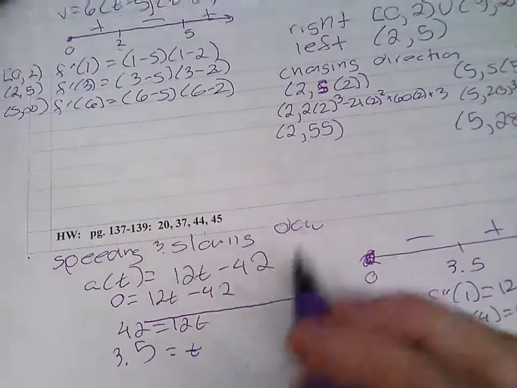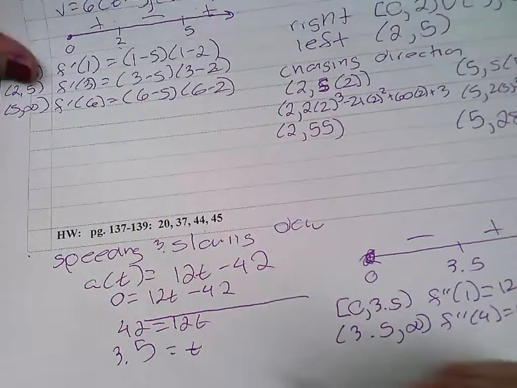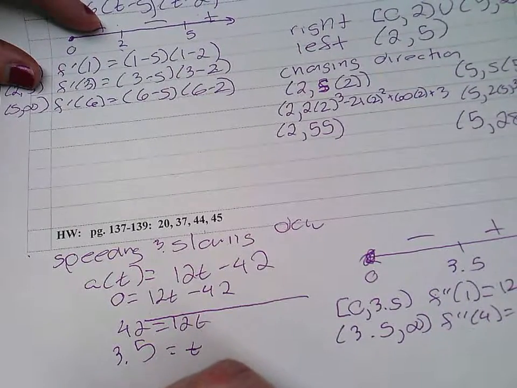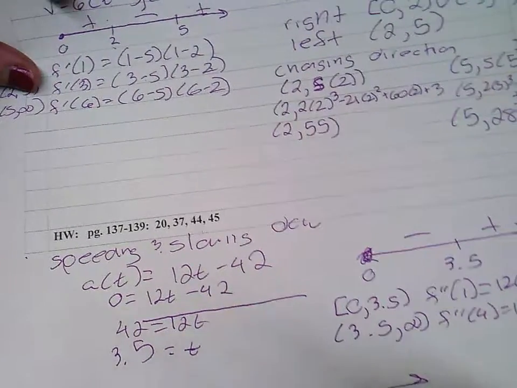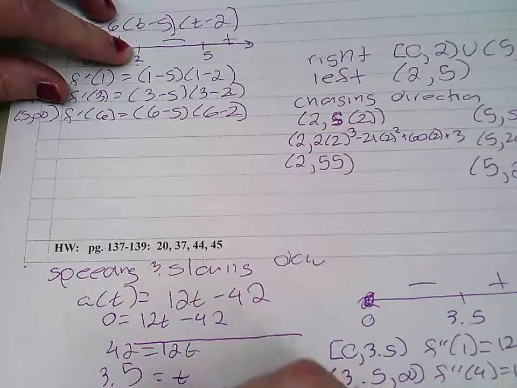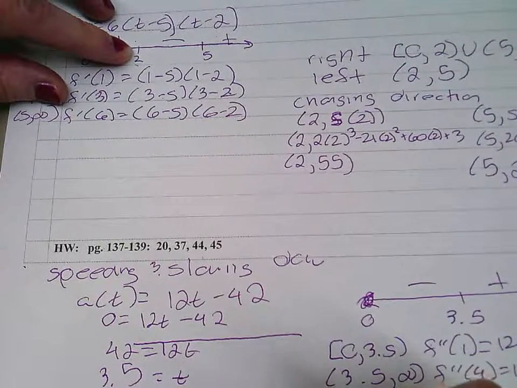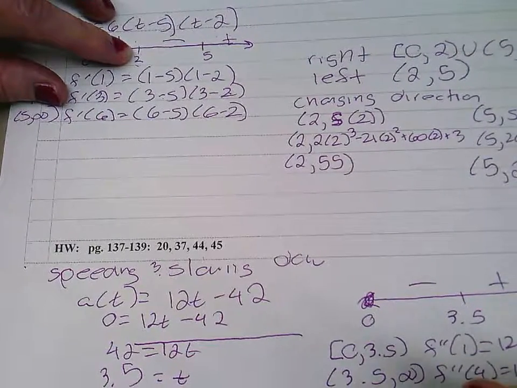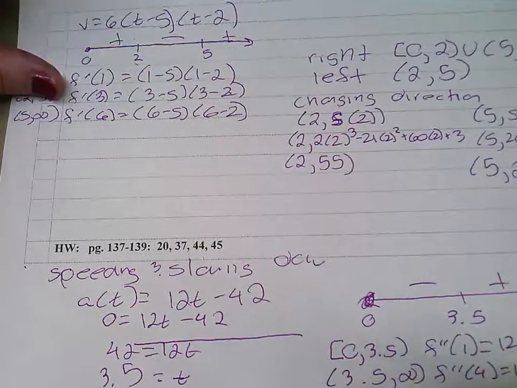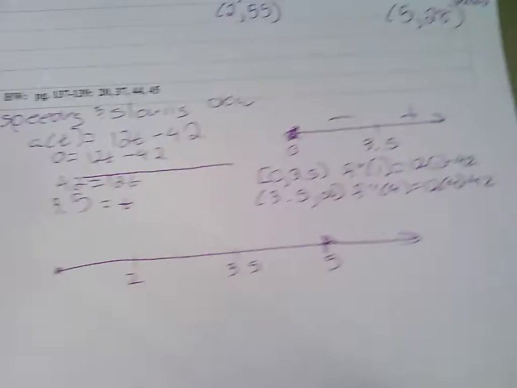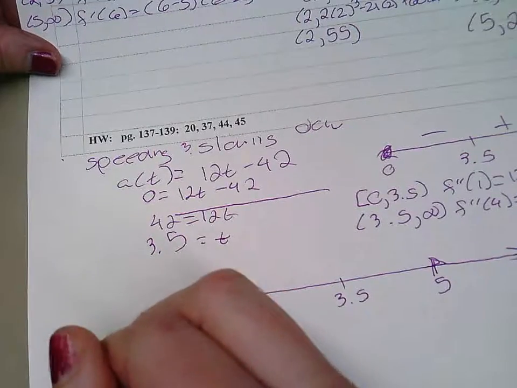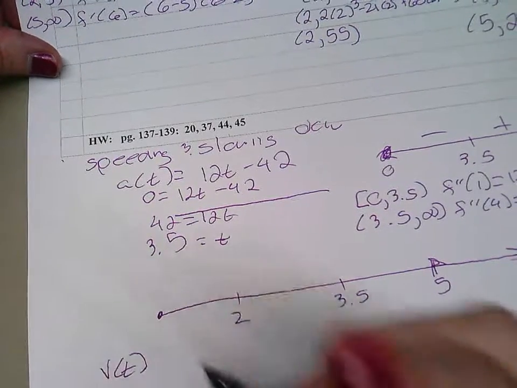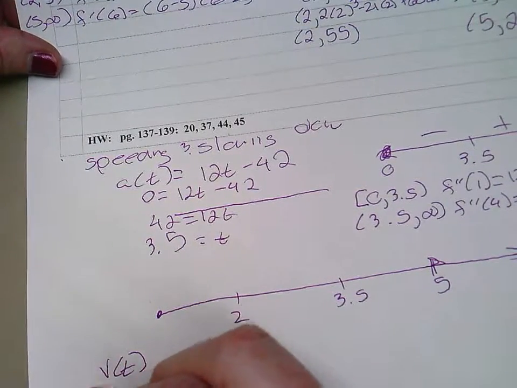So now let's compare our notes right here. We have 0 to 3.5 and 5. I'm just going to reference that sign chart. So velocity, we'll do acceleration first. Well, I guess it doesn't matter.